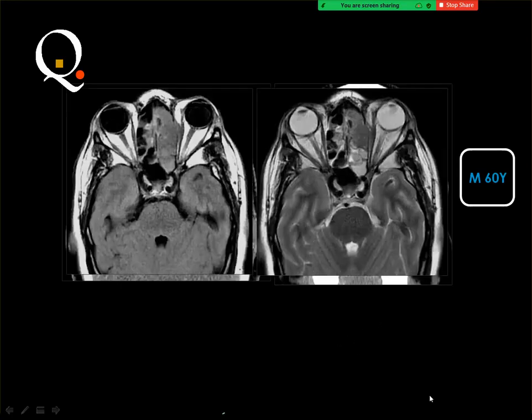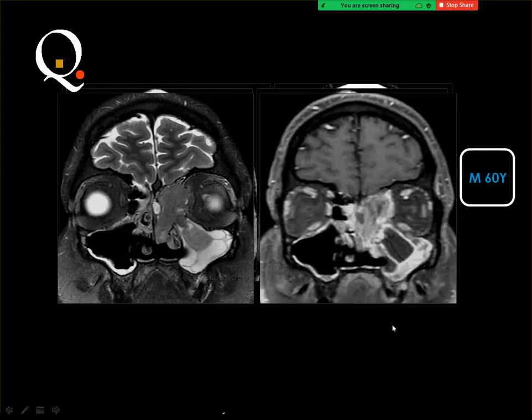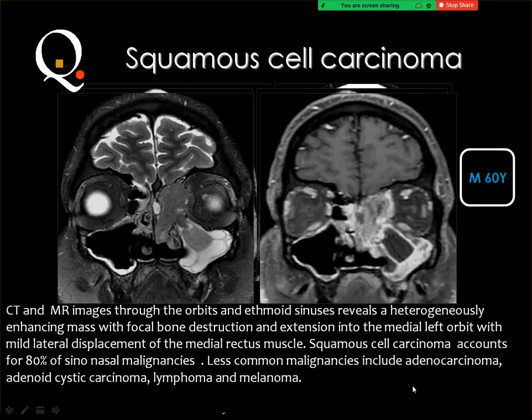Then this is the MRI, and you see that there is a mass in the ethmoidal air cells with disruption of the lamina papyracea and intraorbital extension, and this is coronal T2 and coronal post-contrast fat sat. Then you got heterogeneous enhancement of the lesion with extension into the orbital cavity.